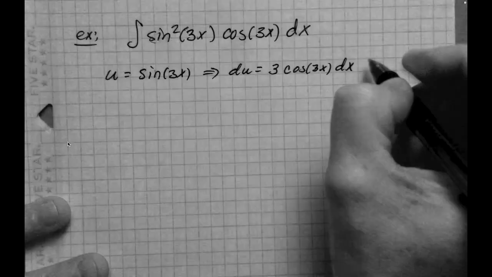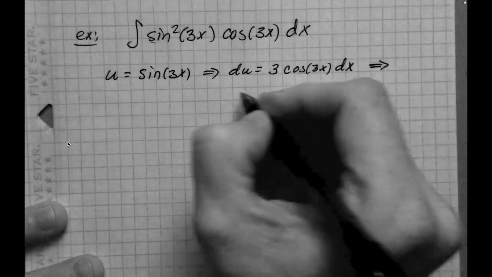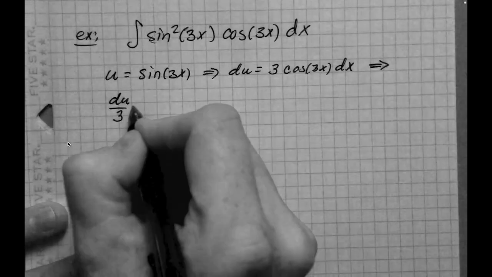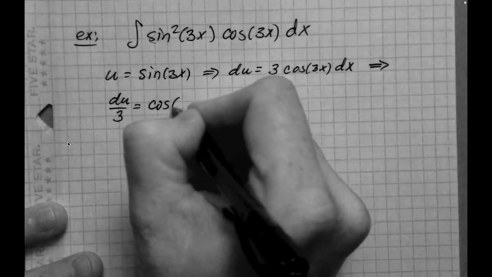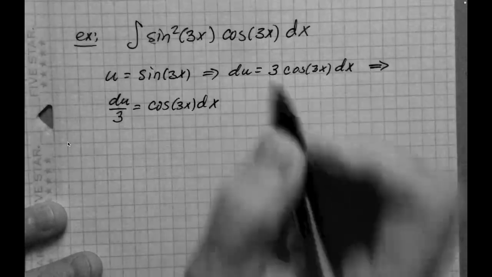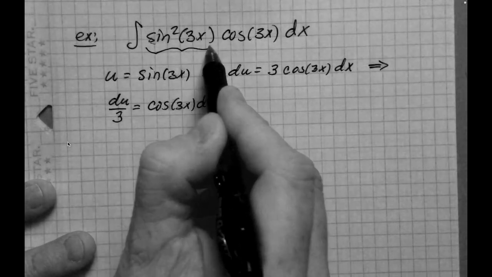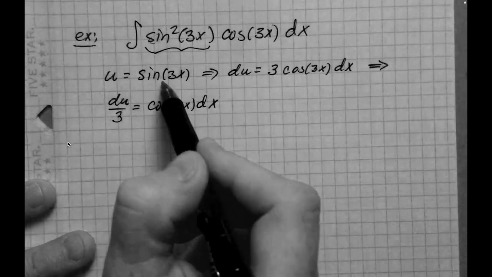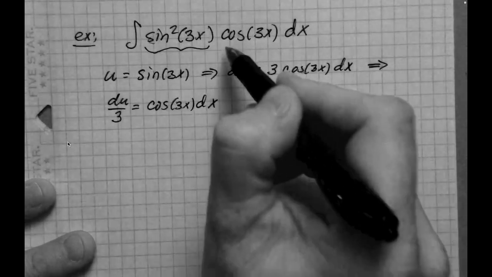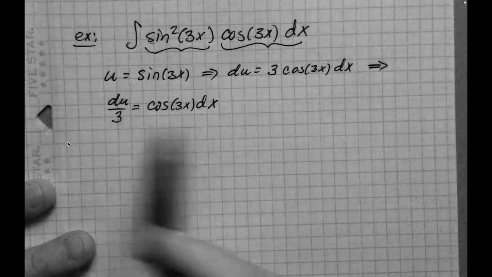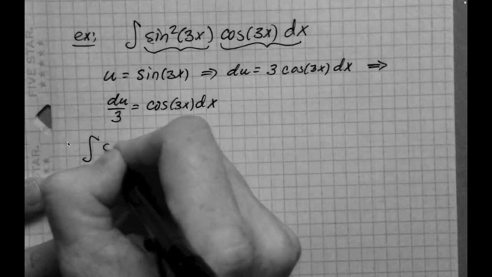That means du over 3 is equal to cos 3x dx. Just looking up here, I've got this piece taken care of with this u, so this will just be u squared, and then this whole thing here is going to be du over 3.